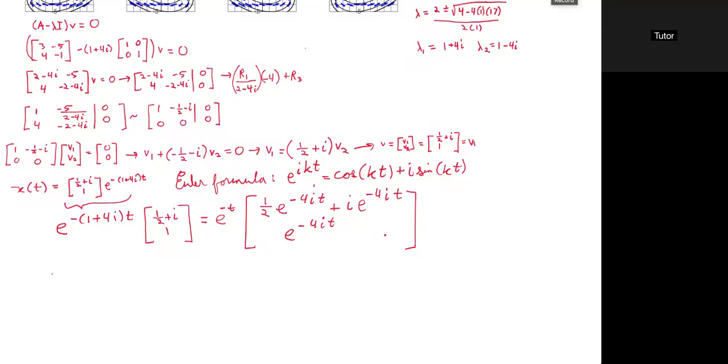So over here then we would be left with applying our Euler's formula to these portions.